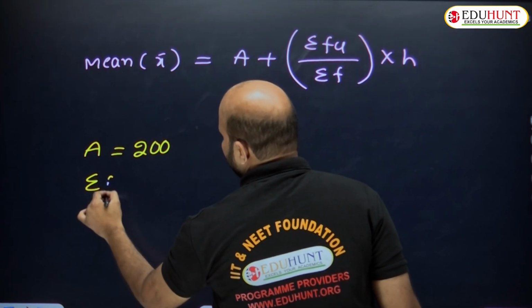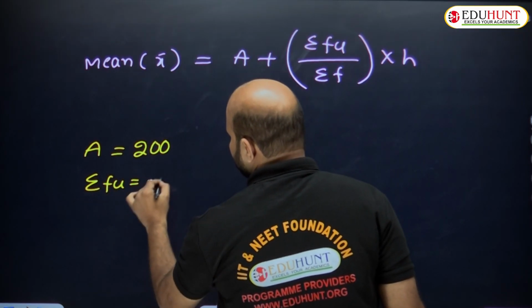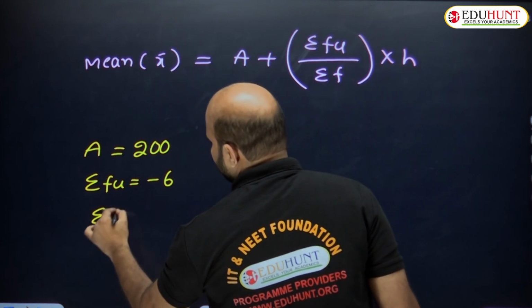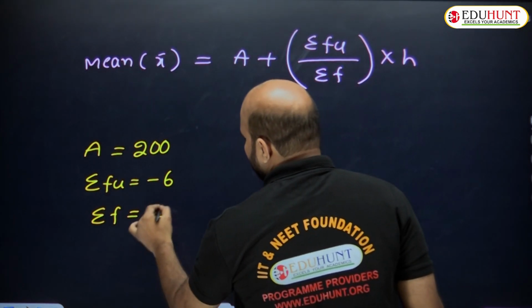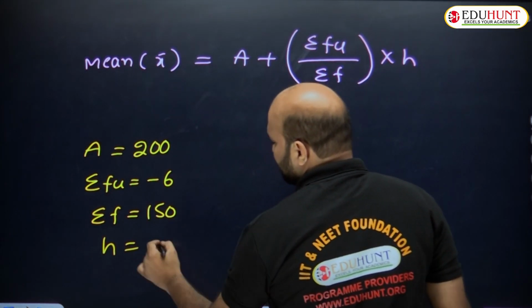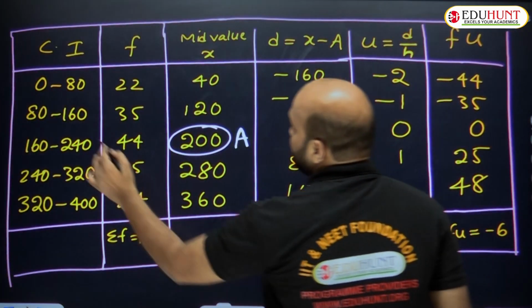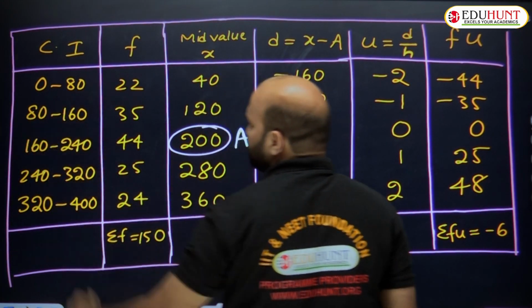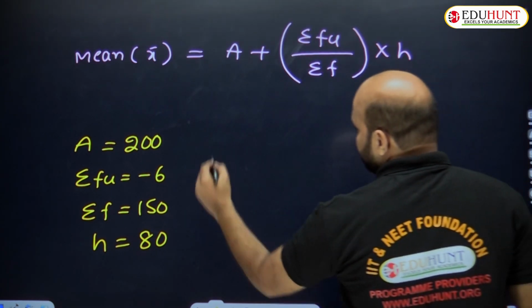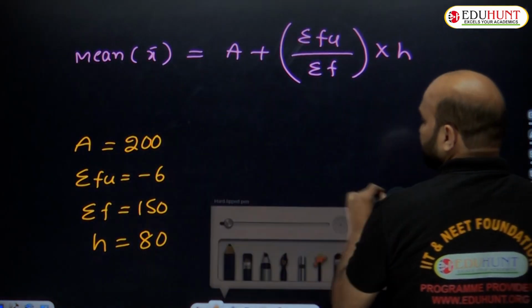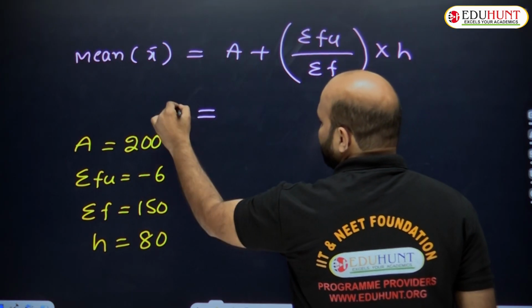Sigma fu is minus 6. Sigma f is the total frequency, 150. And h is the size of the class, 80. The difference between 0 and 80 is 80, and between 80 and 160 is 80. The difference is 80. So we put those values directly into the equation and we will get the answer.